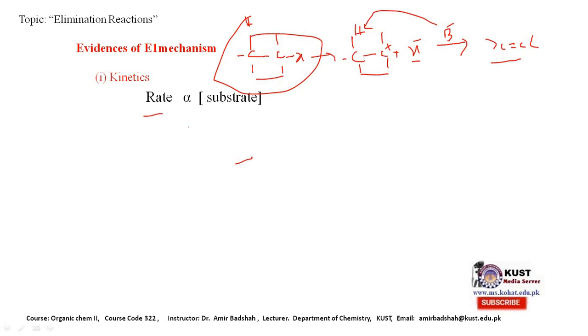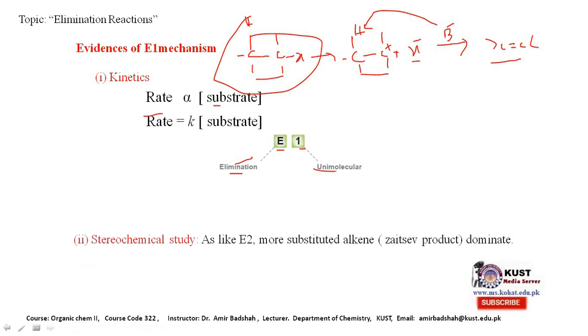So rate is equal to k times the molar concentration of the substrate, where k is a constant which is called the rate constant. Since it only depends upon the concentration of the substrate, that's why it is called the E1 reaction, where E represents elimination and 1 represents a unimolecular reaction.